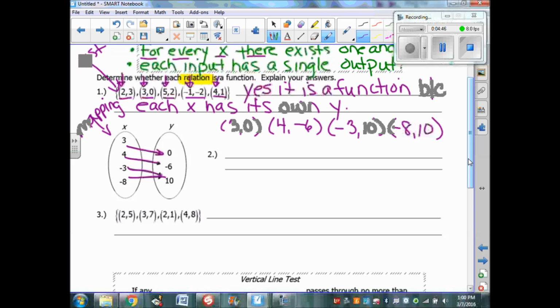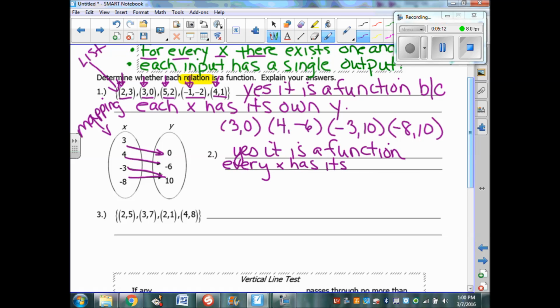It's just not the other way around. In other words, you can't have any x repeaters. So this one is, yes, it is a function. Every x has its own y. And I'll put in parentheses, no x repeats.